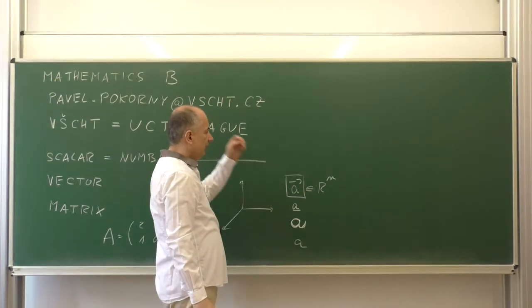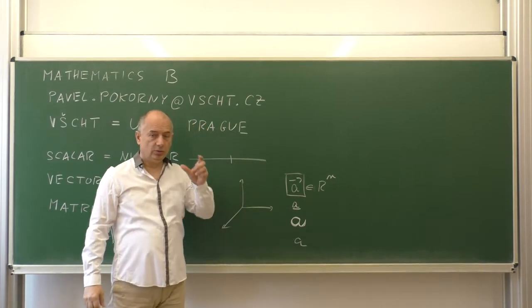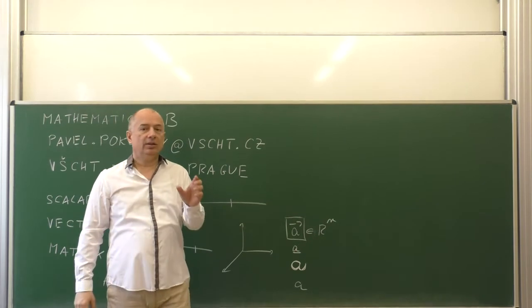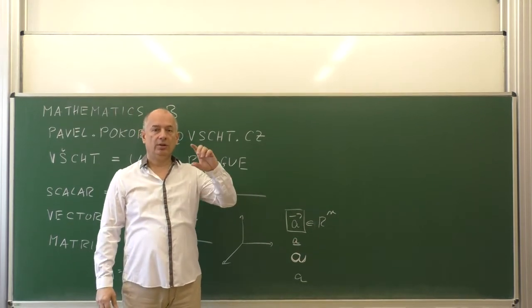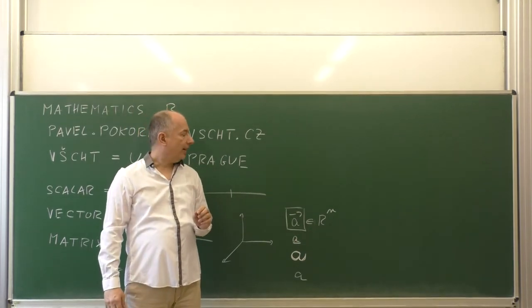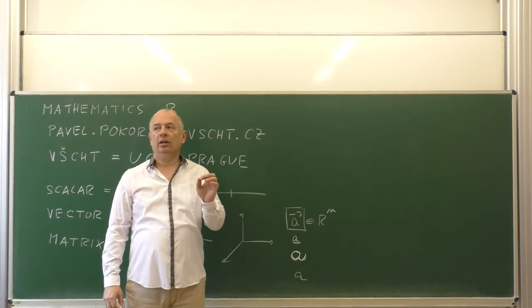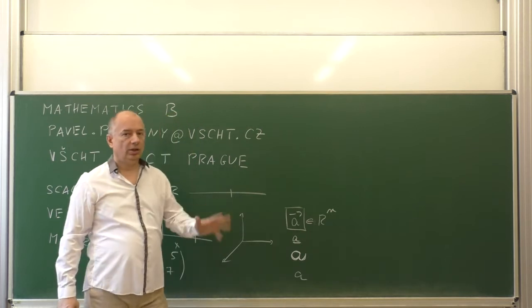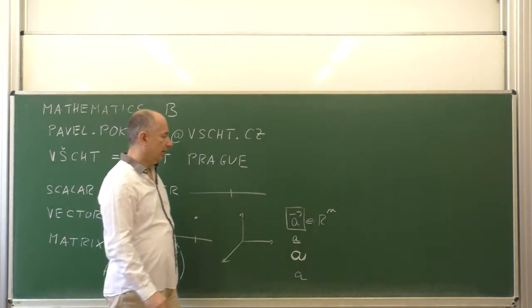And then if we have, say, a two-dimensional vector with two coordinates, two components, then we can write it either as a column vector or as a row vector. In some cases, this is a difference. For today, we will not distinguish between a row vector and a column vector.